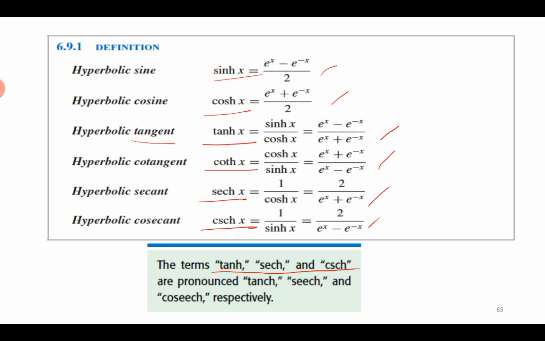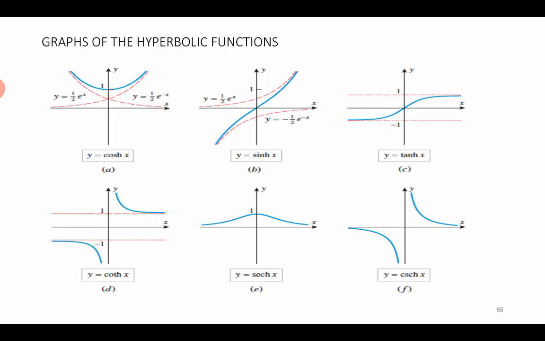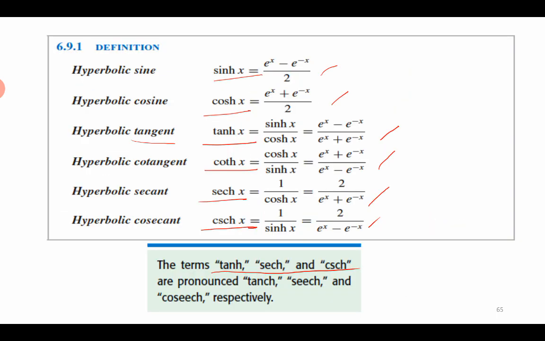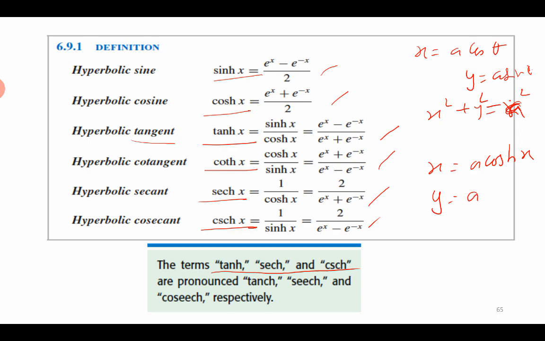Why are they called hyperbolic functions? When you take x equal to a cosine theta and y equal to a sine theta, trigonometric functions, you will find x squared plus y squared equals a squared, a circle. But if you choose x equal to a cosine hyperbolic t and y equal to a sine hyperbolic t, you will find x squared minus y squared equals a squared, not plus.